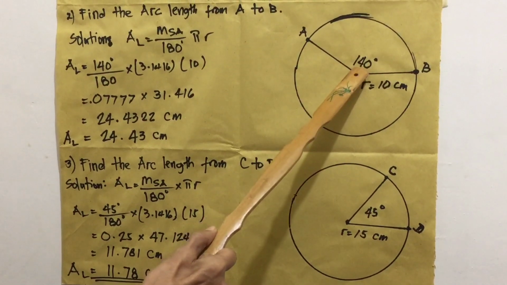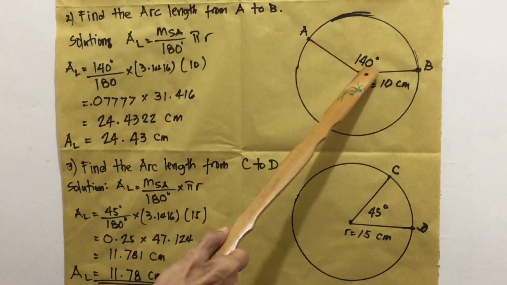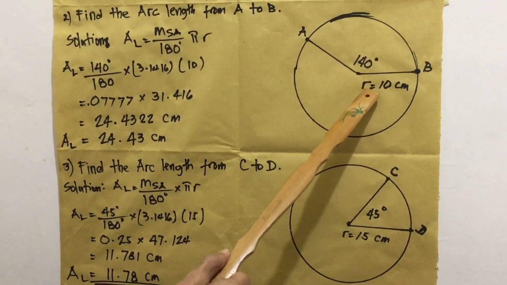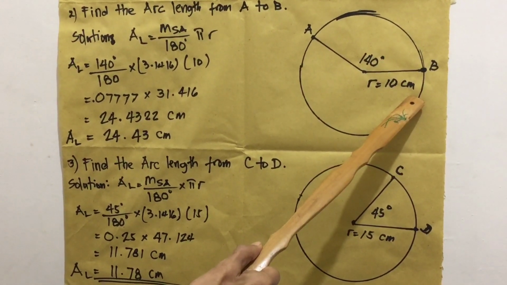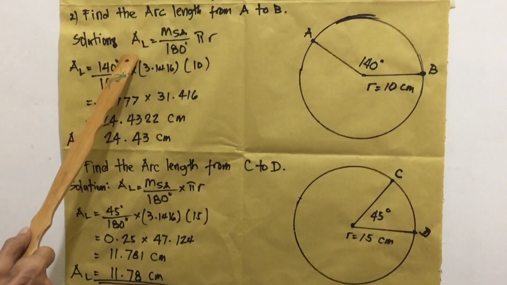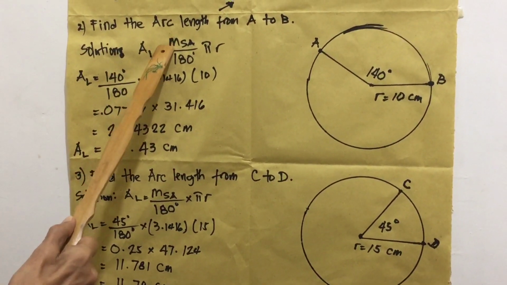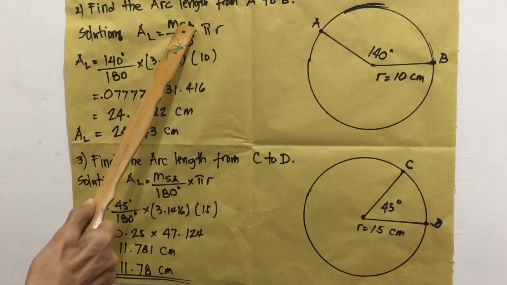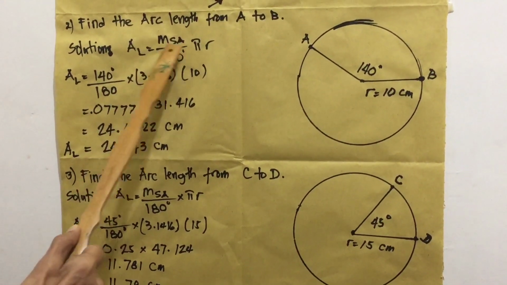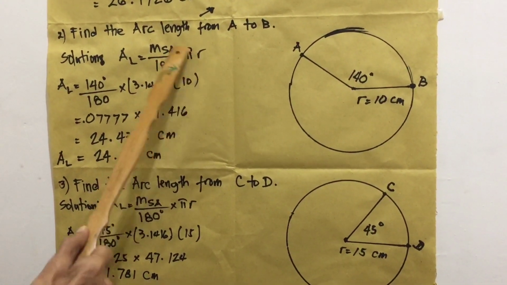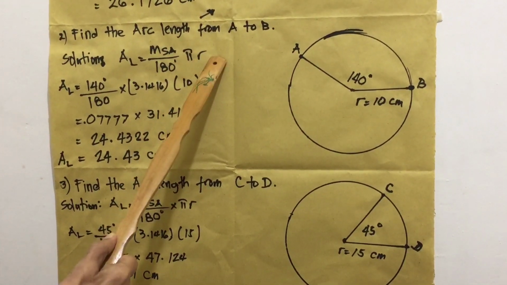With the central angle or subtended angle 140 degrees and the given radius is 10 centimeter. The same, we're going to use the formula for finding the arc length. Arc length equals measure of subtended angle or central angle over 180 degrees times pi times the radius.